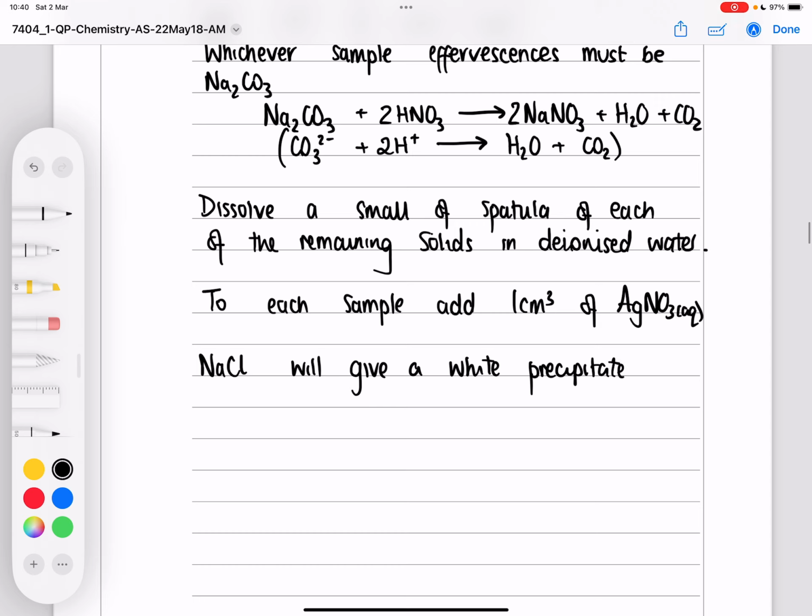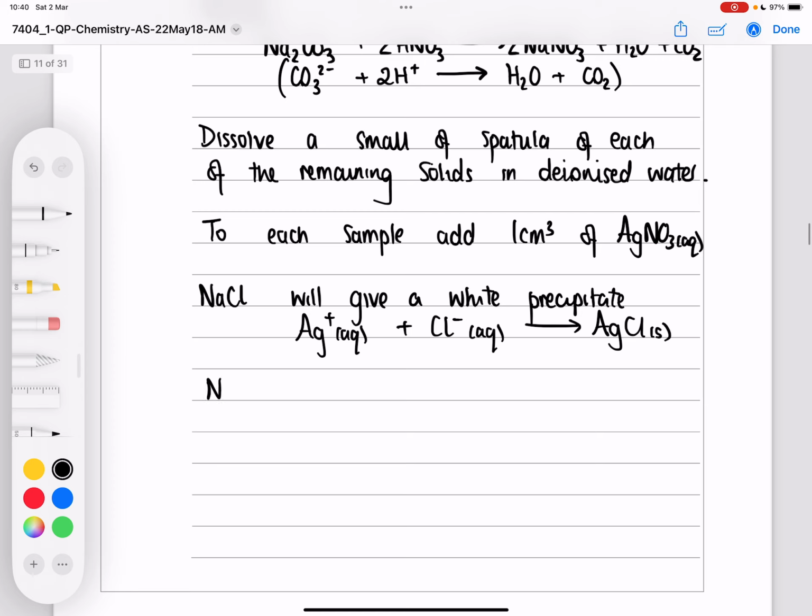So remember that is because the silver ions from silver nitrate react with the chloride ions to make silver chloride precipitate. NaF produces silver fluoride, and that is soluble, so it gives a colourless solution. So it will remain a colourless solution. Nothing visible is happening, and there is no equation to write.